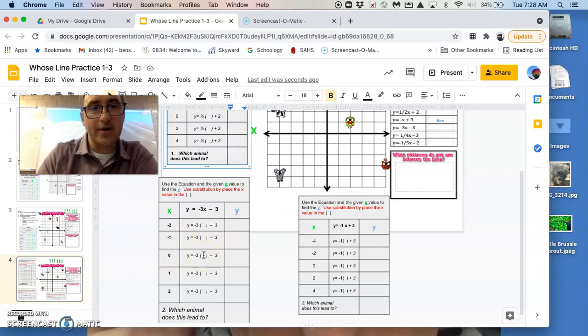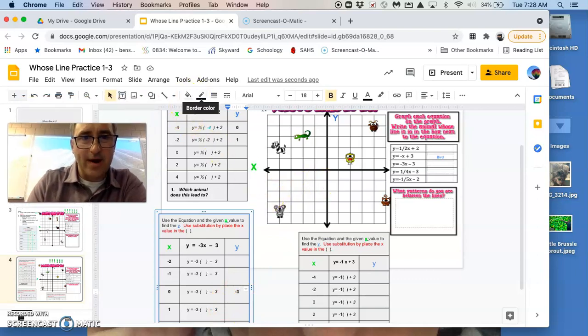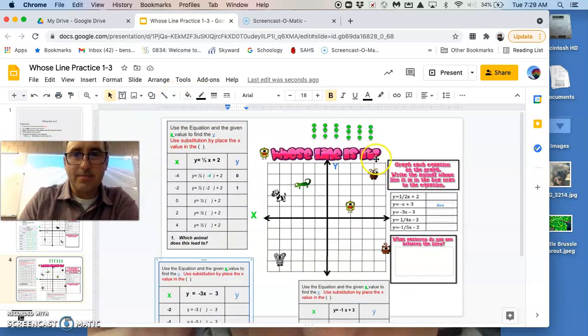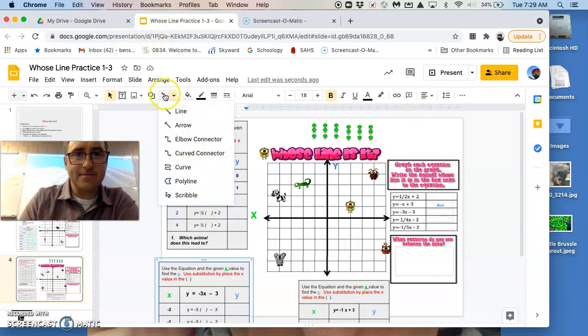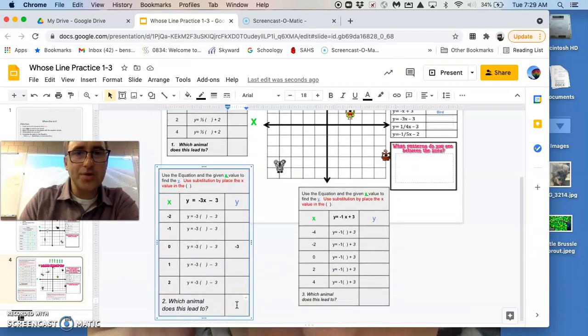Put 0 into the equation. -3 times 0 is 0. Minus 3, -3 would go there. I do that for this whole line. I graph the line again with my dots. And I connect them with the line up here. And then when I'm done, I type in which animal it leads to.